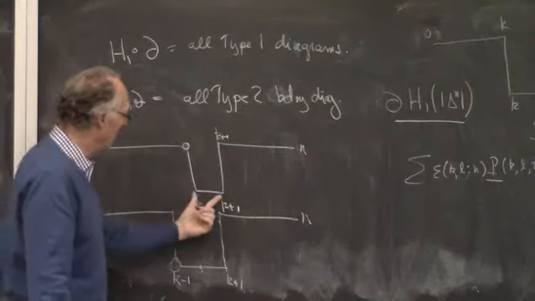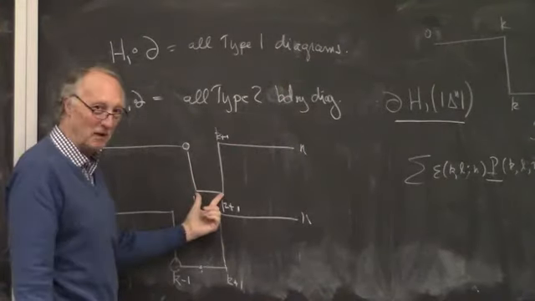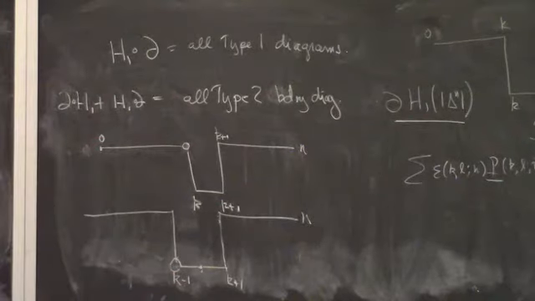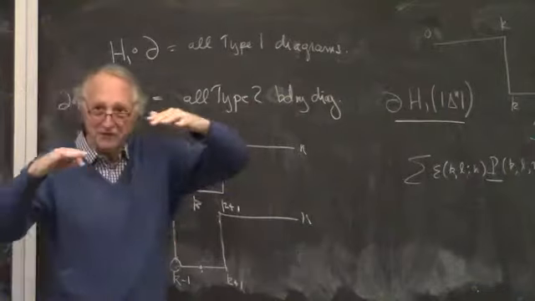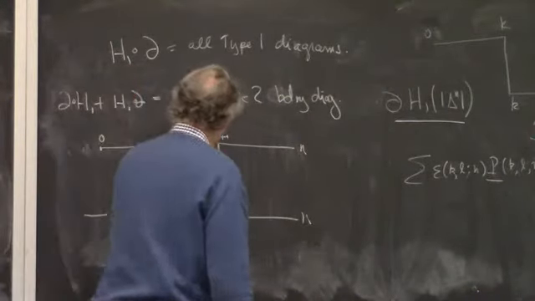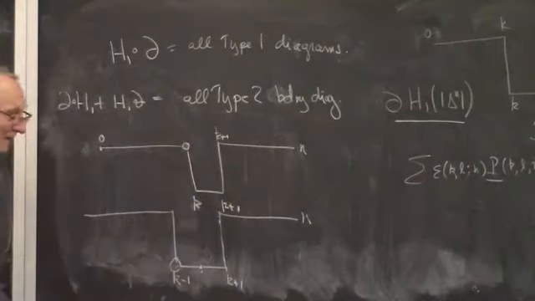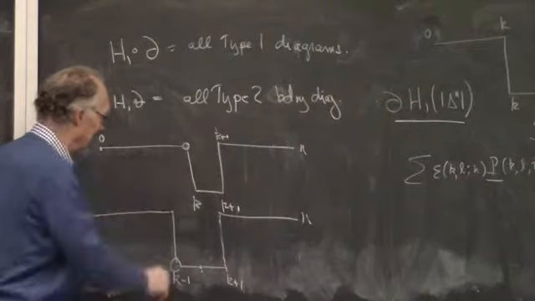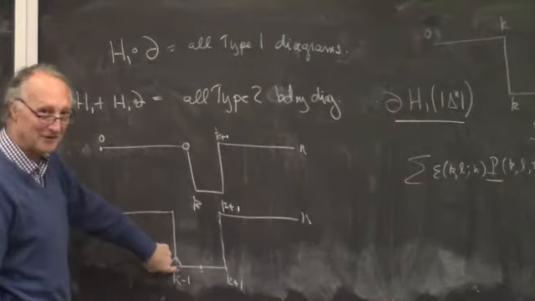Vertices on the bottom row, well, here we have k and k plus 1, and here we have k and k plus 1. So those two diagrams give the same answer, even though they don't look like the same diagrams, because they have the same set of vertices on the first row and on the second row. Okay? So I'm going to do a telescoping argument to the left here. I'm going to start here with this deleted vertex, and now see what cancels that.